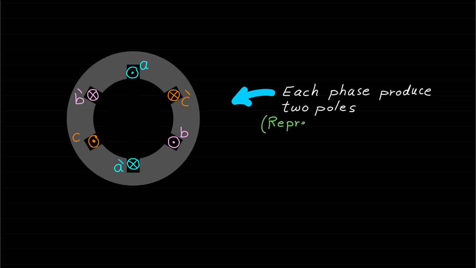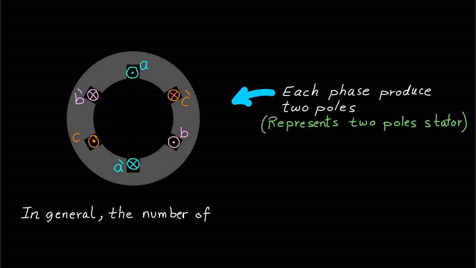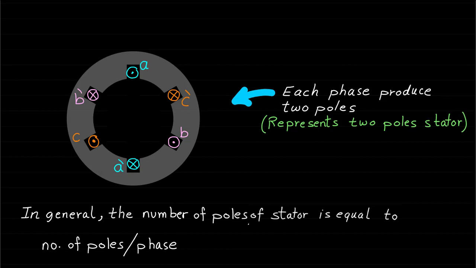Therefore, this stator represents a two poles stator. In general, we can say that the number of poles of synchronous machine stator is equal to the number of poles per phase.